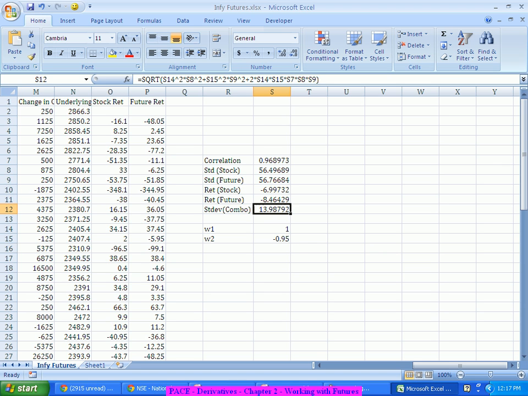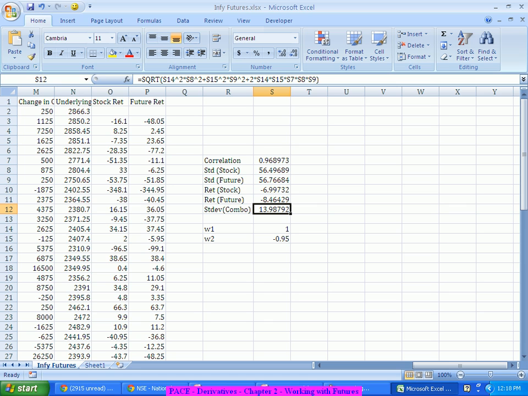So I want to pull out this value. It's like a proportion. So I can fix one of them. For every one share which I buy, how many futures I should sell? Either one of them you can very well fix, right? For every one share which you buy, it says two futures you have to sell. You can take it proportionately.